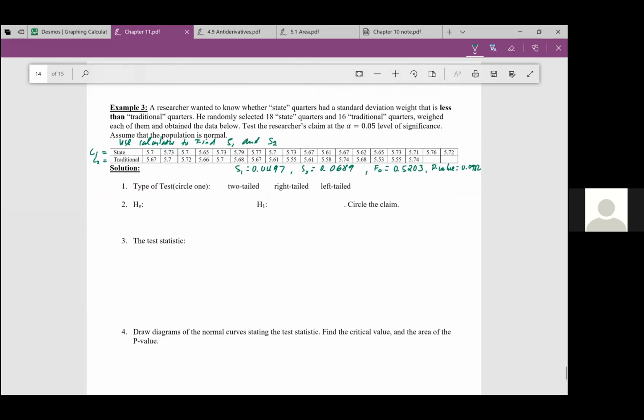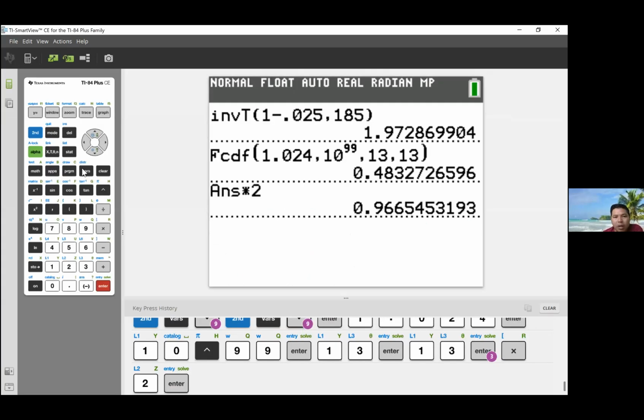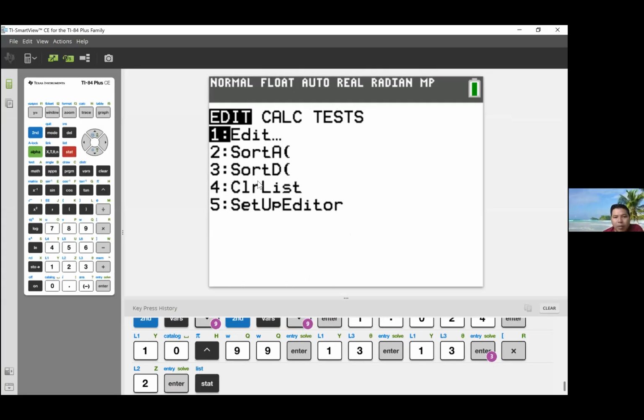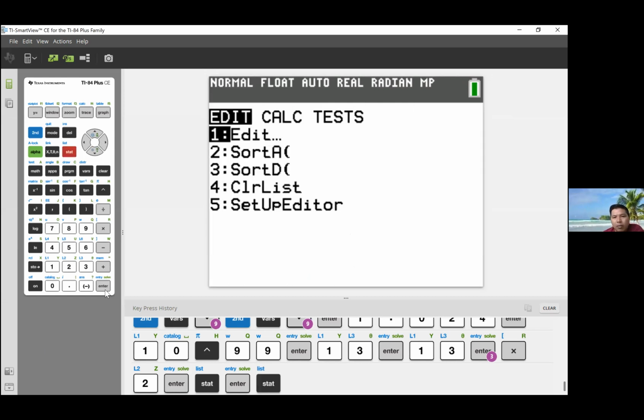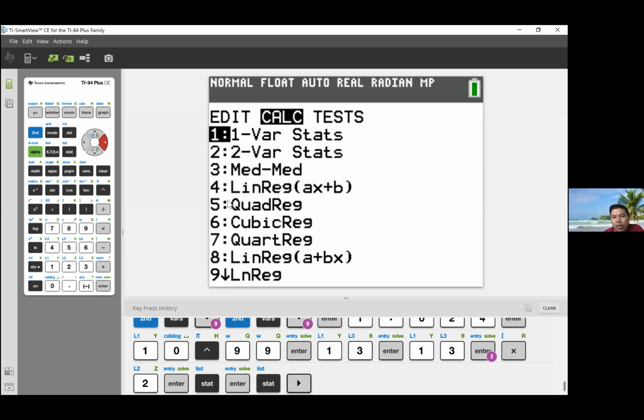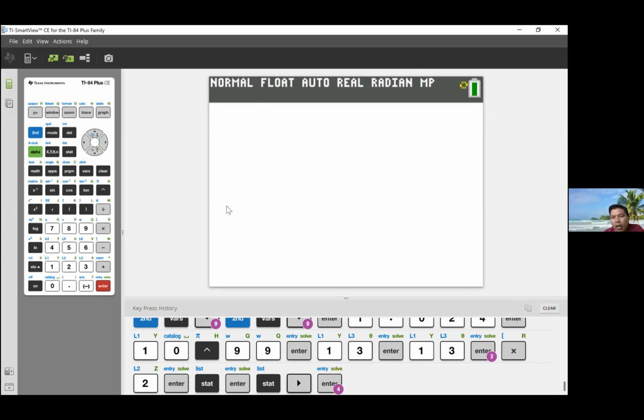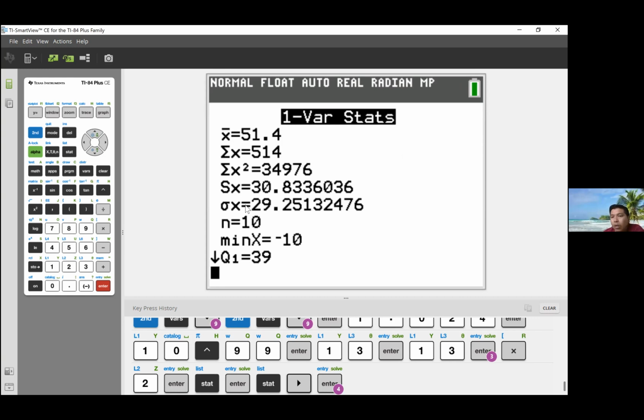That might be the wrong one. Let me share with you right here. For example, I have list one here. When I calculate the stats, you can see here S of X and then sigma of X. We're not using sigma.